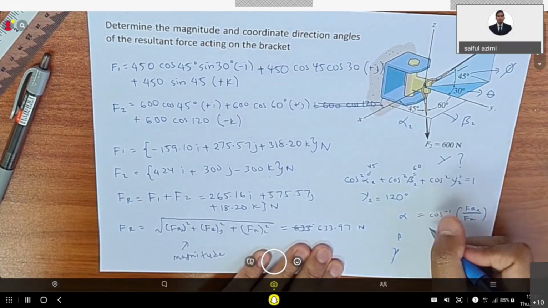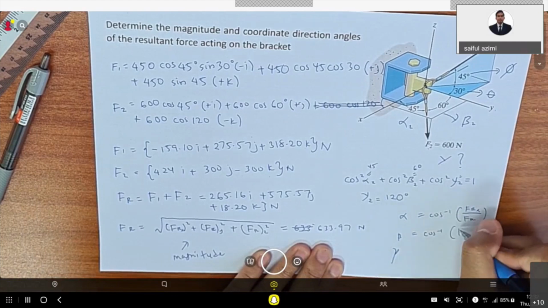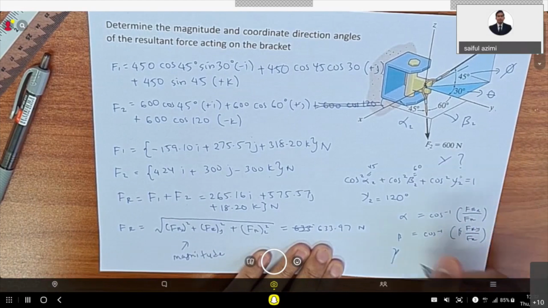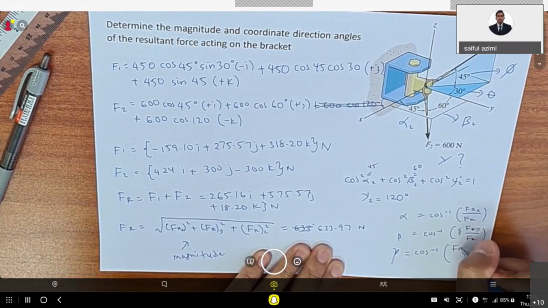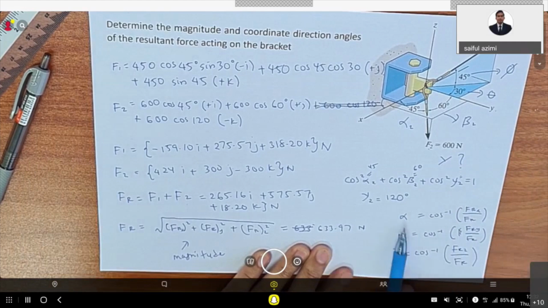Beta equals cos inverse FRY over FR. And gamma is cos inverse FRZ over FR. So by using this formula, you can get the value of alpha, beta, and also gamma.